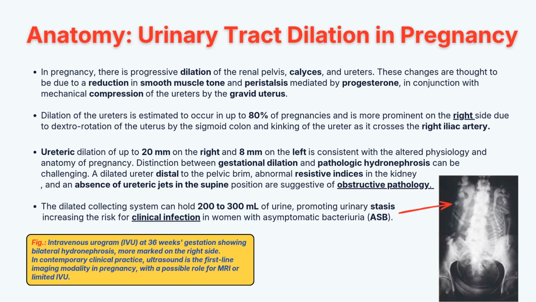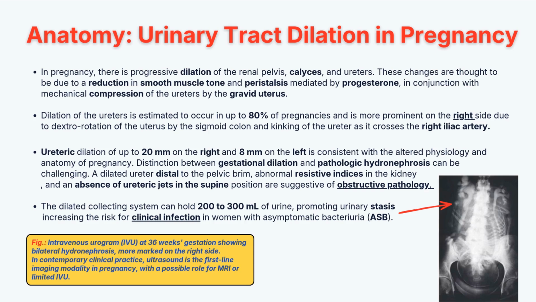One important challenge is distinguishing physiologic pregnancy-related hydronephrosis from a true obstructive pathology. Findings that may suggest obstruction include a dilated ureter below the pelvic brim, abnormal renal resistive indices, or absent ureteric jets on ultrasound, especially when the patient is supine.